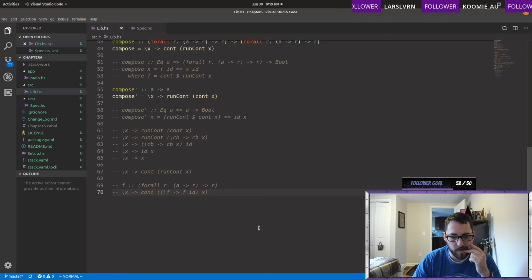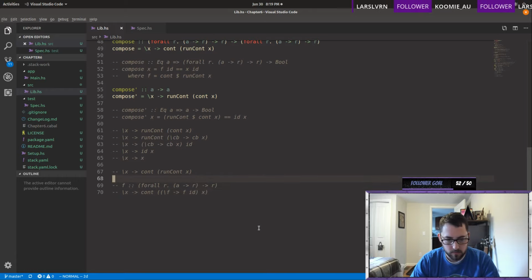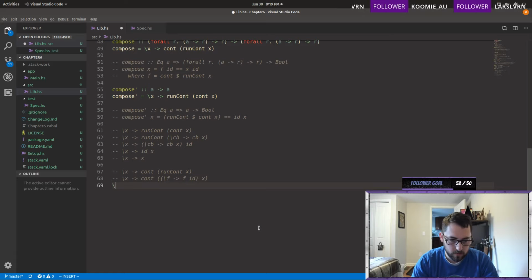Or what is this X? I think I'm mixing two things here, aren't I? Just apply that to x.